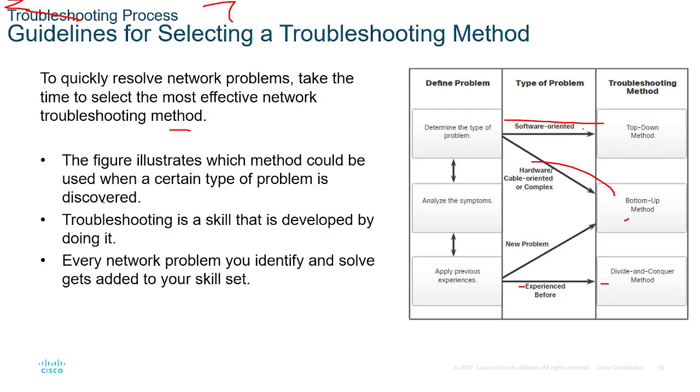If it is software related, the top-down method is a very good approach. If it is hardware, cable oriented or complex, the bottom-up method would be good. Now analyze the symptoms and apply previous experiences. If there is a new problem, bottom up again. If it was experienced before, divide and conquer would be a good solution for this.